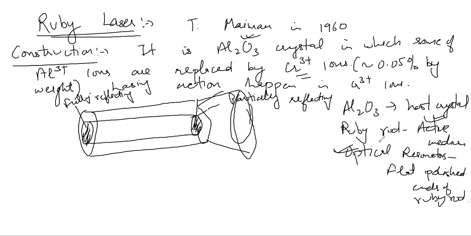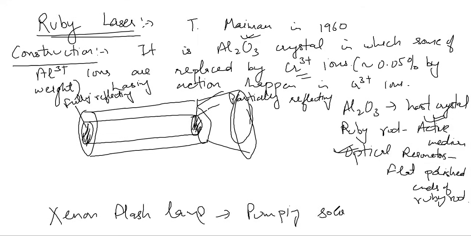In the case of ruby laser, a xenon flash lamp is used as a pumping source. Xenon flash lamp काम करेगा कि आपके क्रोमियम के जो आयंस हैं, I'm repeating that your lasing action happens between the levels of chromium.